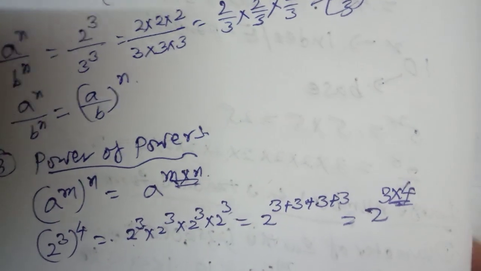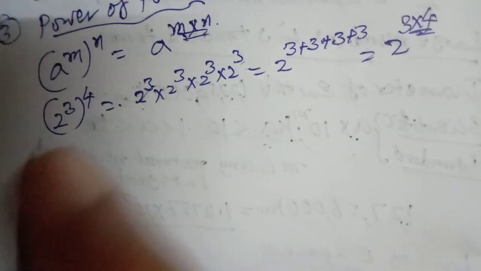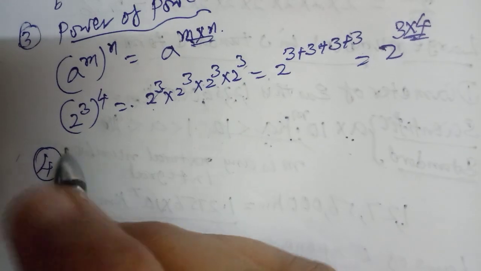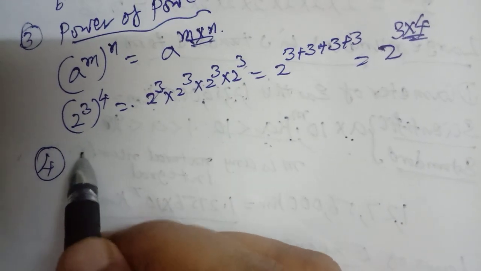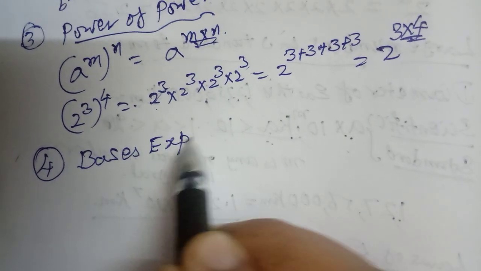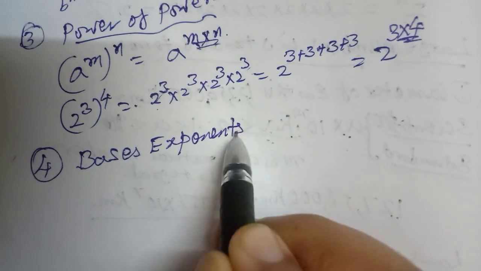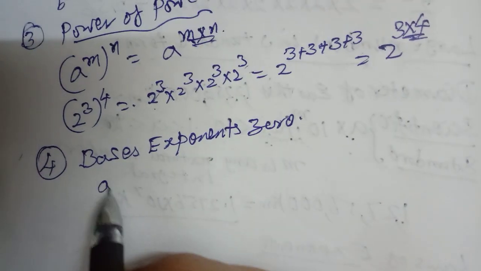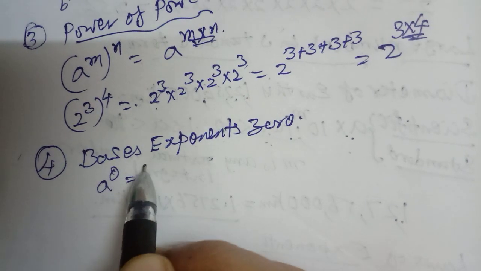Now let us look into one more: bases with exponent 0. So a to the power of 0 is equal to 1.